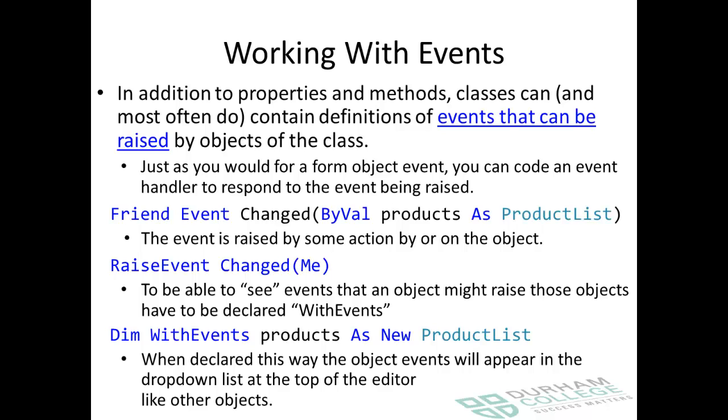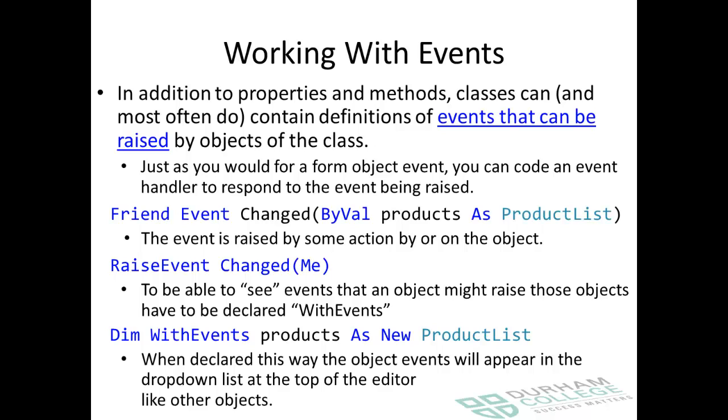I would say in the case of business class objects that you're instantiating and using, probably the event is there because it needs to be handled. Although definition of an event doesn't necessarily mean it needs to be handled. I would say with the example that I'm going to run through, and certainly in the case of Lab 3B, the events that you will be defining in your class definitions will need to be handled at the presentation tier.